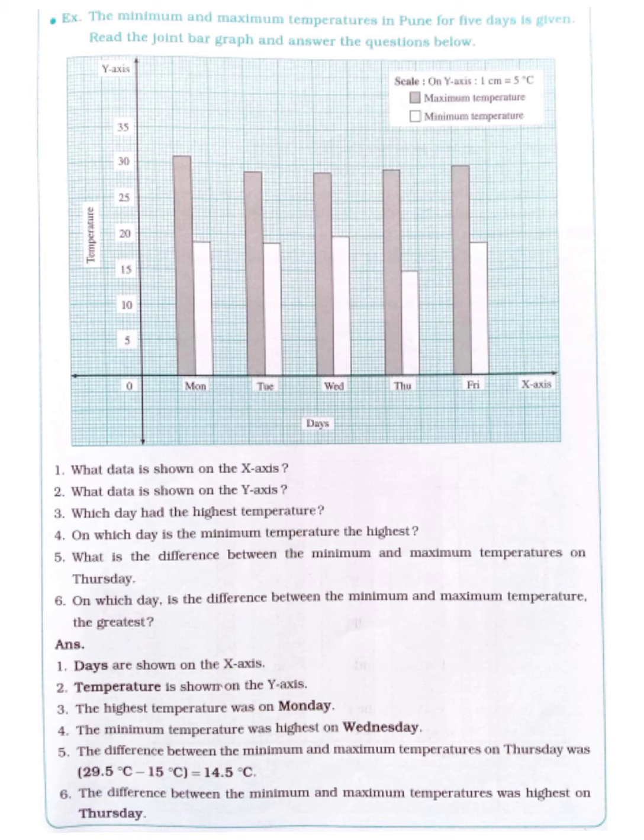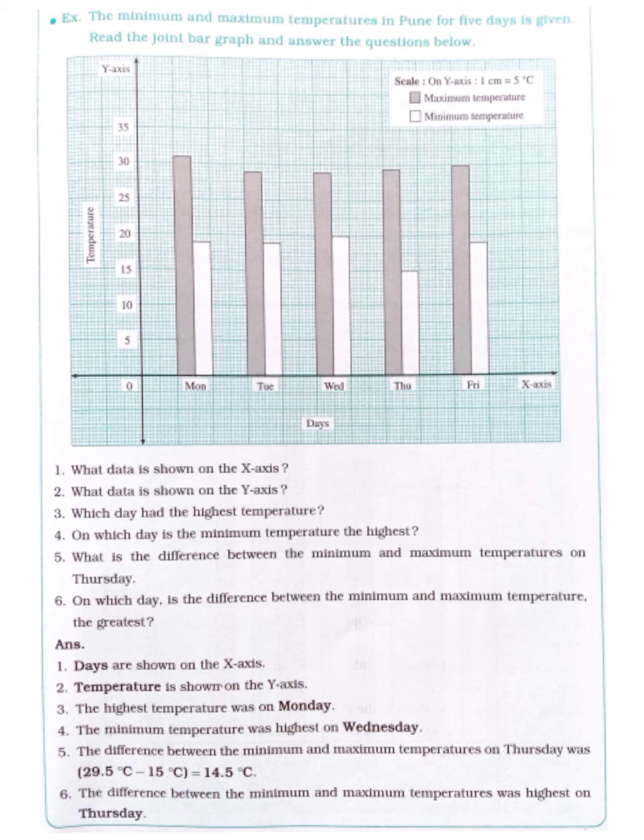Now let us have a look at the horizontal line, which is x-axis, on which days are plotted like Monday, Tuesday, Wednesday, Thursday, Friday, and the vertical line, which is y-axis, on which temperature is plotted 5, 10, 15, 20, 25, 30, 35, like that.